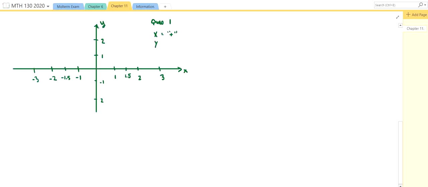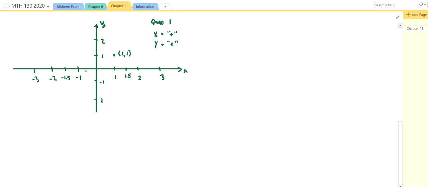All the y values are going to be positive. So for example, if I had a point here, I might call this point 1 for the x value, 1 for the y value.